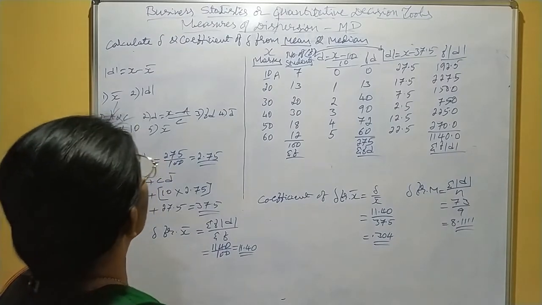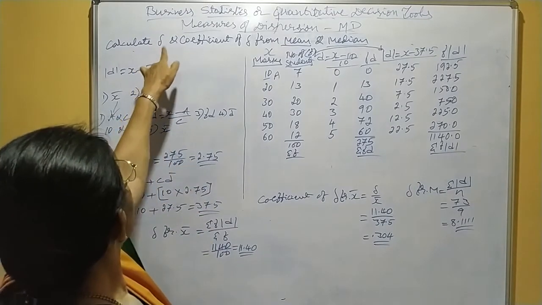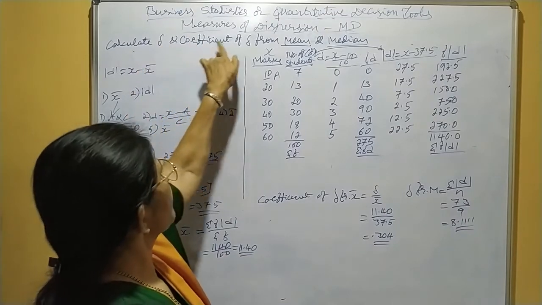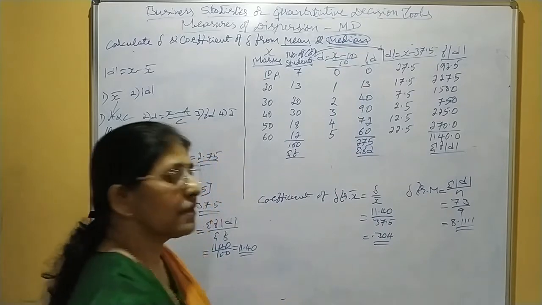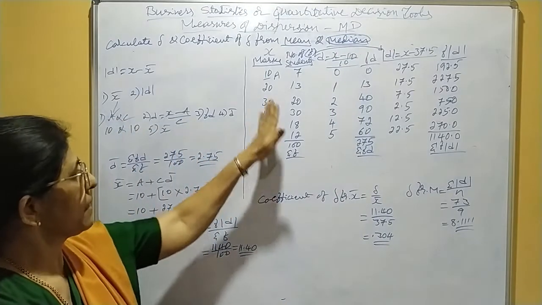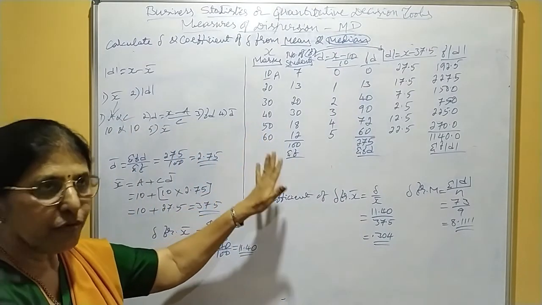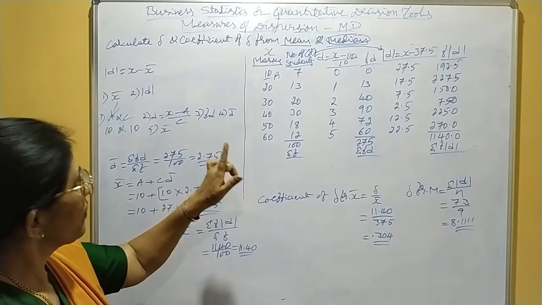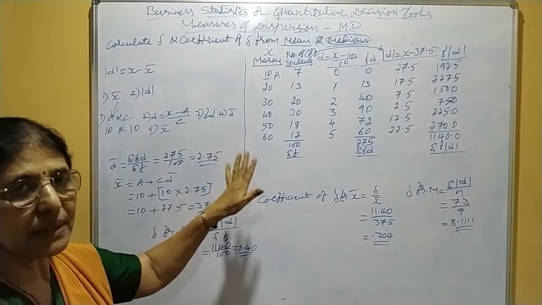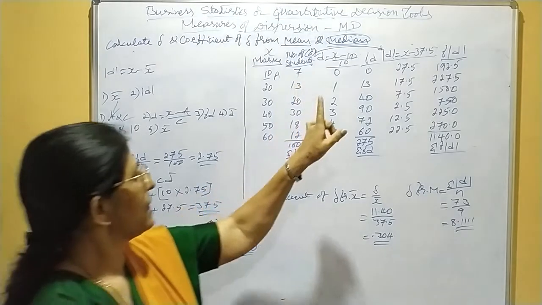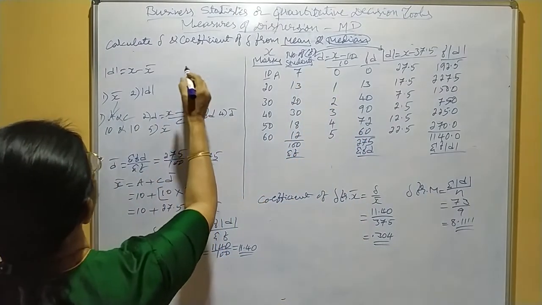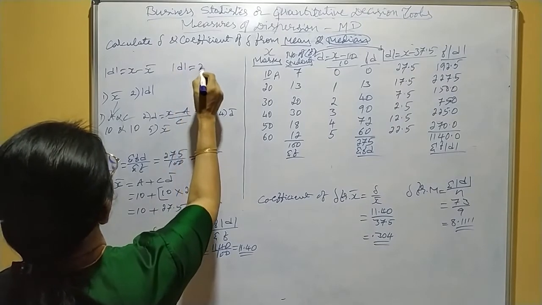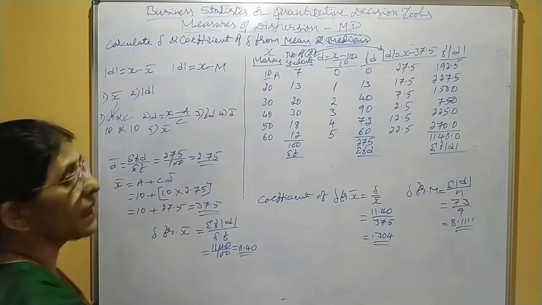Now it is also asked to find out mean deviation and coefficient of mean deviation from median. Here what we have to do, it is a discrete series. We have to find out first median under discrete series, because in case of mean deviation from median, modulus d equals x minus m.